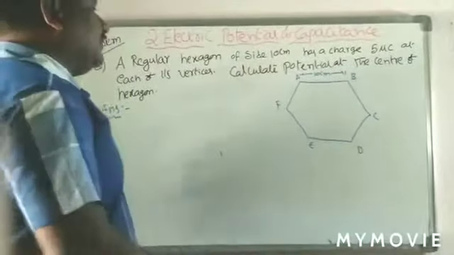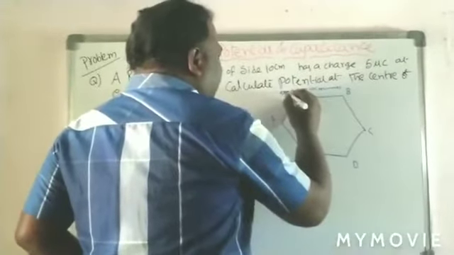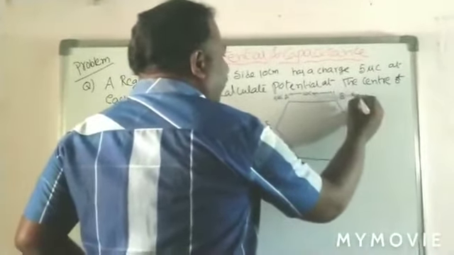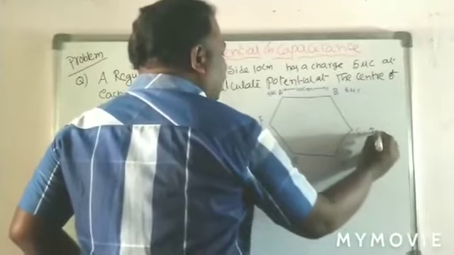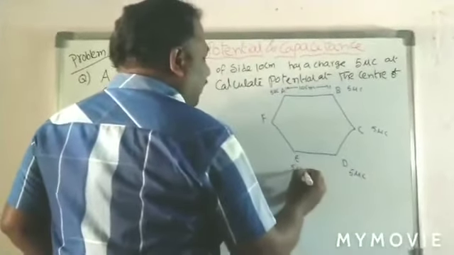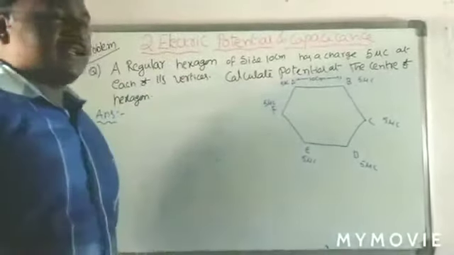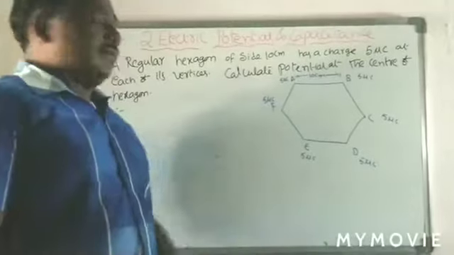Now at each corner, or each vertex, they place 5 microcoulomb of charge. 5 microcoulomb means 5 into 10 power minus 6. So like that, 6 equal charges are placed at all the vertices.